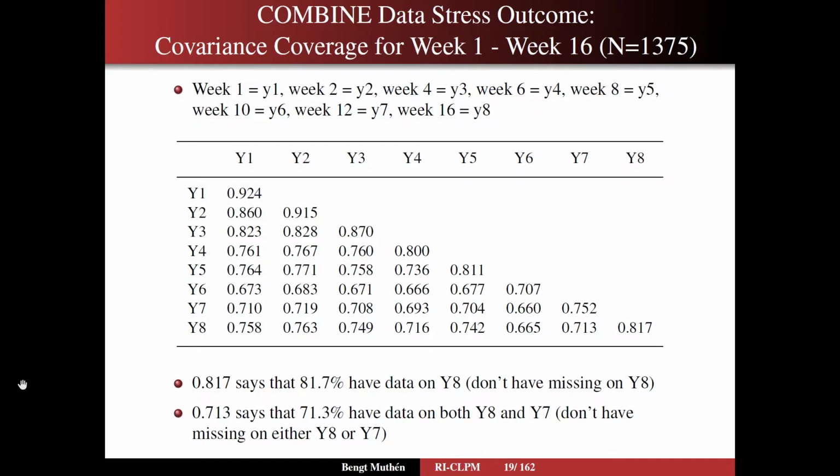So that's something you want to check early on. If you have a lot of missing data, low coverage here, you become more and more dependent on missing data theory and the assumptions underlying that theory. And if you have a lot of missingness, you may depend more on modeling assumptions than your data, which is obviously not a good situation.